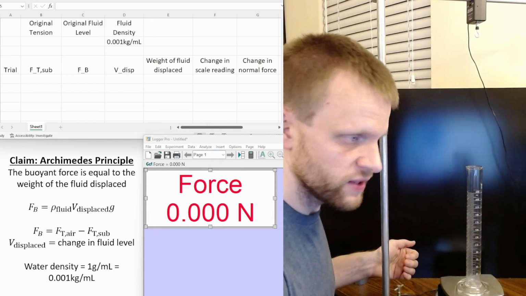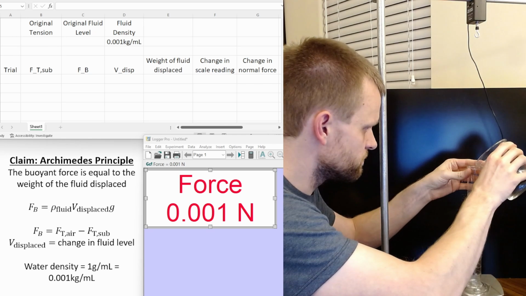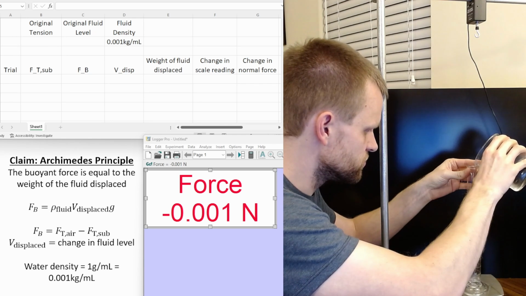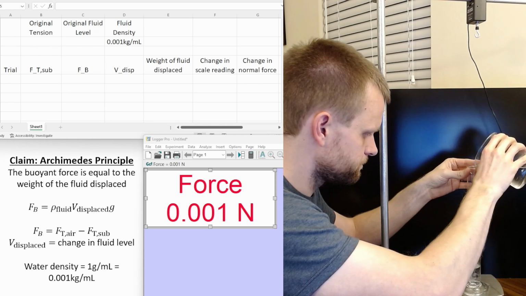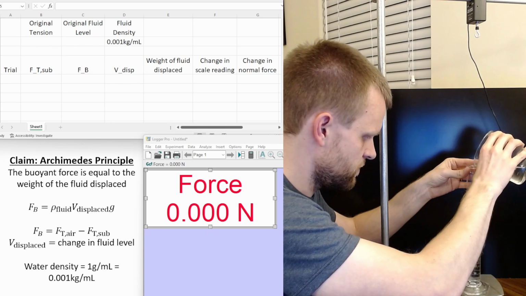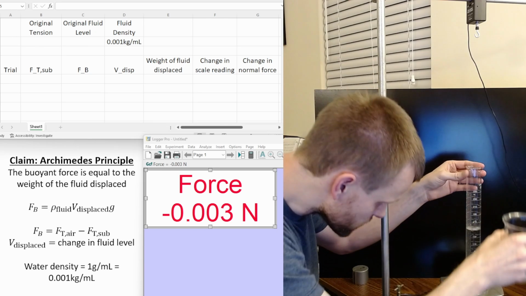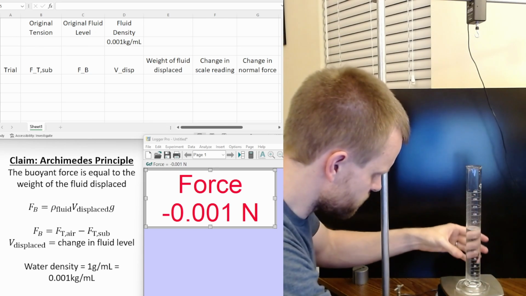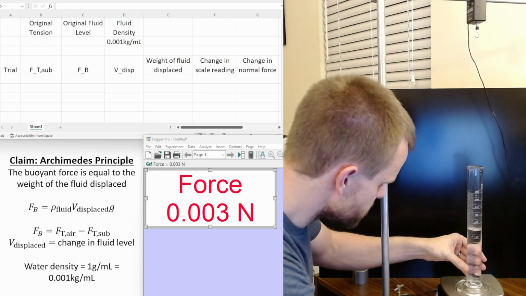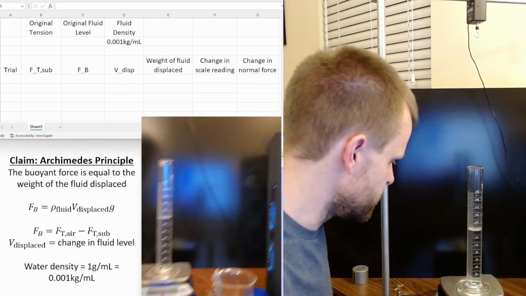So let's add some water to this. We don't need any particular amount, but say around half full. Okay. I was trying to aim for 150 for the fluid level. Let's take a look at this.